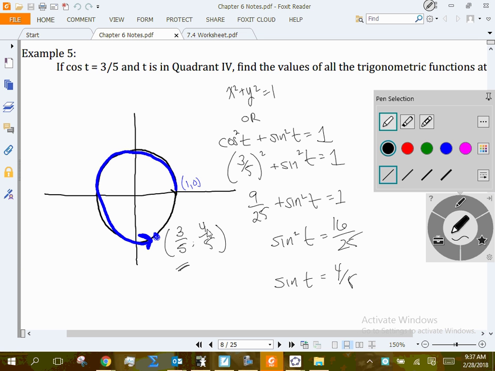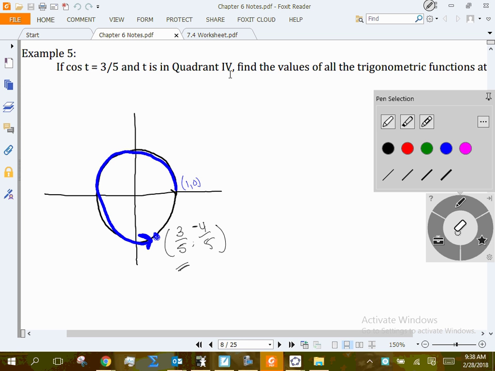Now, just be careful because it tells me what quadrant. So what do I have to do with that 4/5? Make it negative. Okay, so once we have that information, obviously we know that that's the cosine, so that's cosine of t.